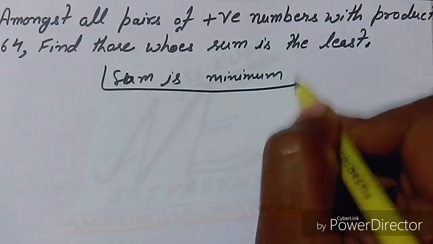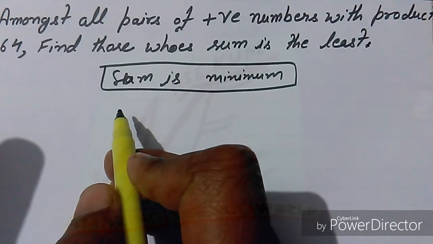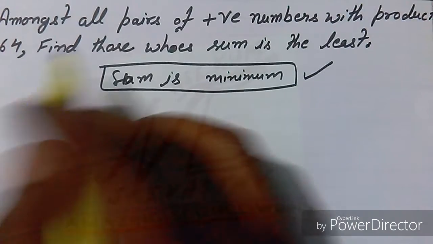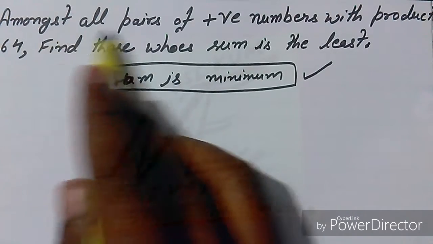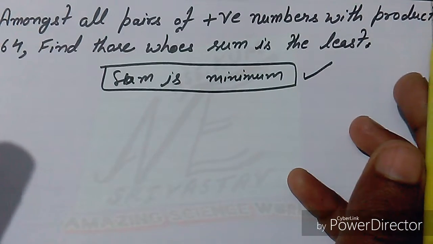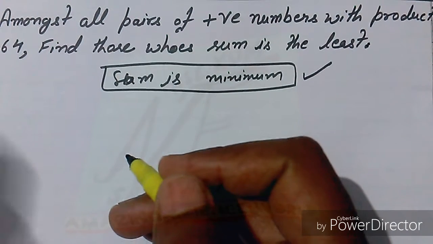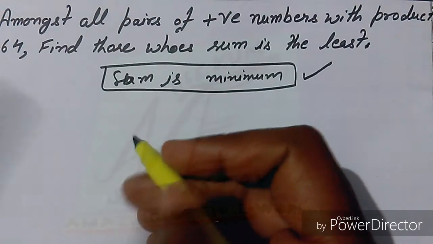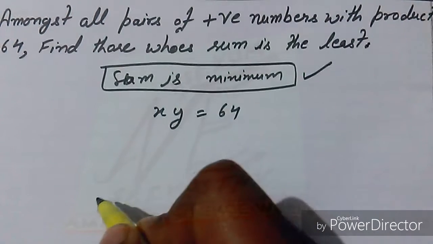It means to say the sum is minimum. Given is that of all the pairs of positive numbers whose product is 64, we don't know what the numbers are, so we take x and y, with xy equal to 64, my friends.